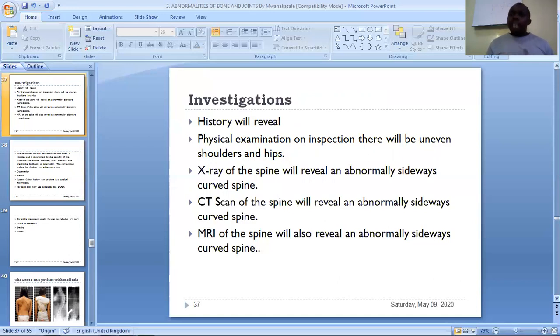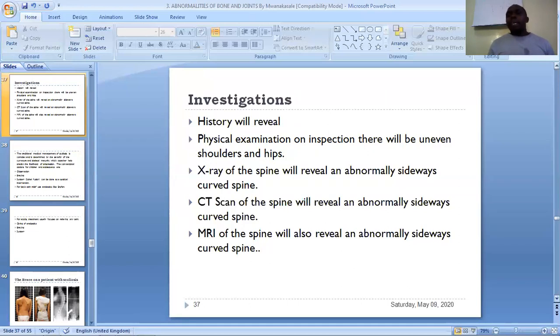Remember the causes, at least the patient will be able to give you one cause as you get the history from them. Remember, the history might be objective or might be subjective. So history will review possibly any of those causes. Maybe someone had trauma, was involved in an accident, or they had some infection of the spine previously.